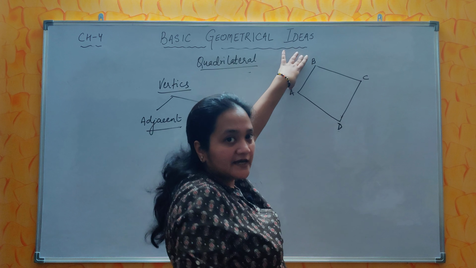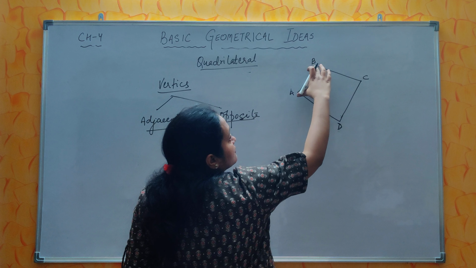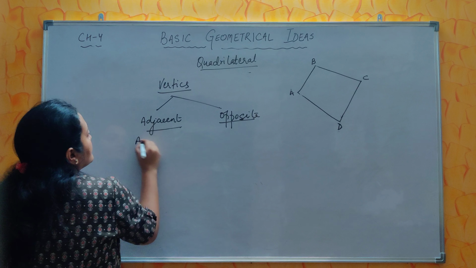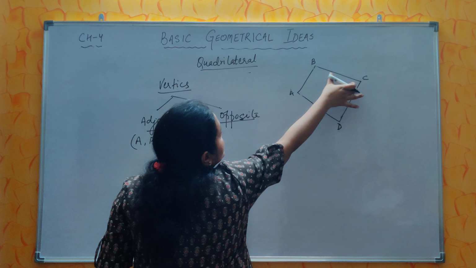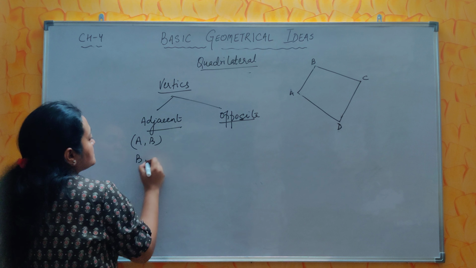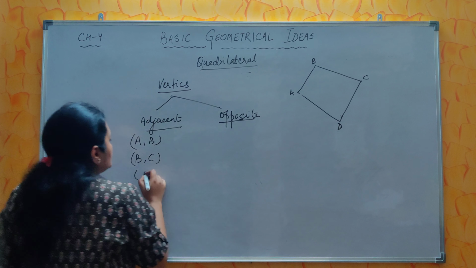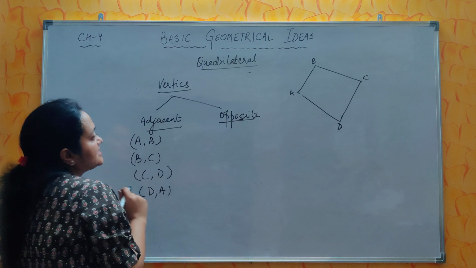Endpoints of the same side of the polygon, like A and B. These are the endpoints of the line segment AB. So these are adjacent vertices. Similarly, B and C are also adjacent vertices. Again, C and D are adjacent to each other, and also D and A are adjacent to each other.